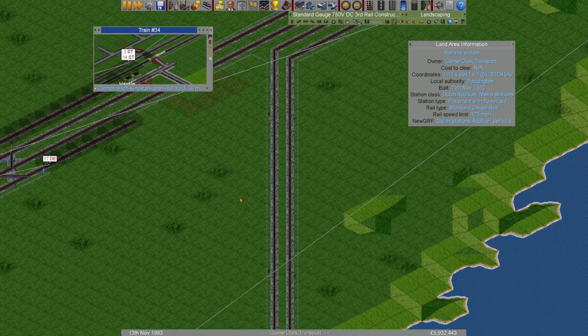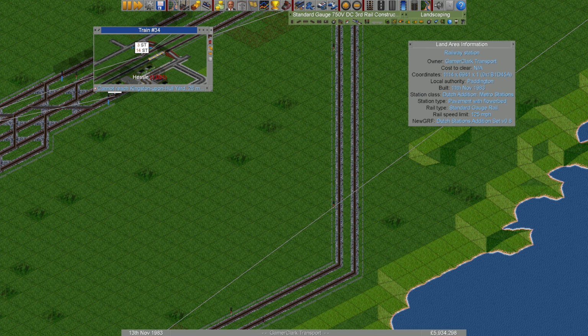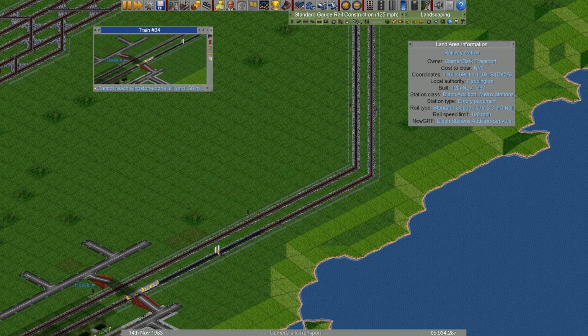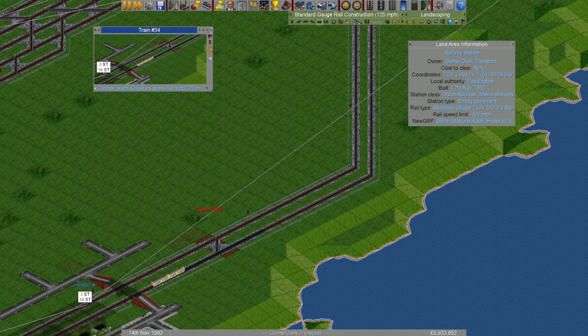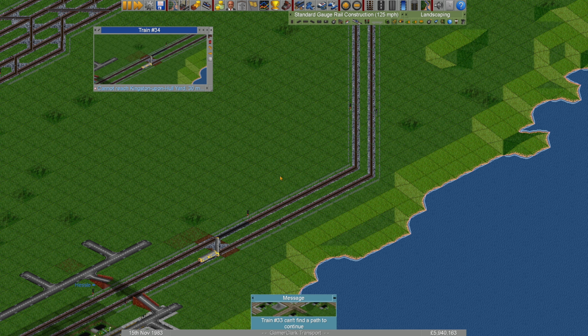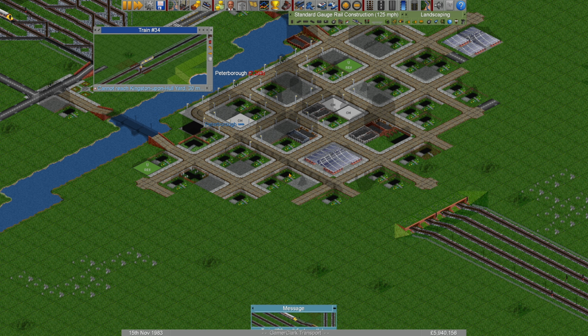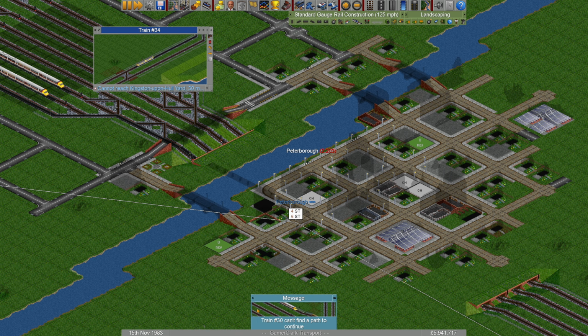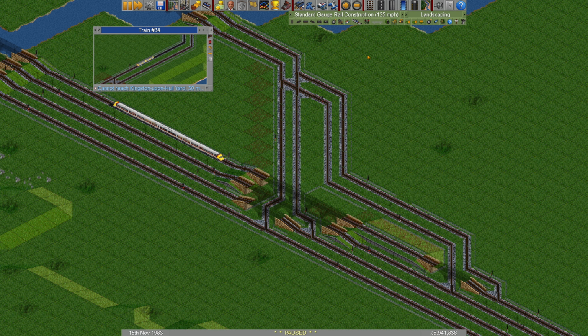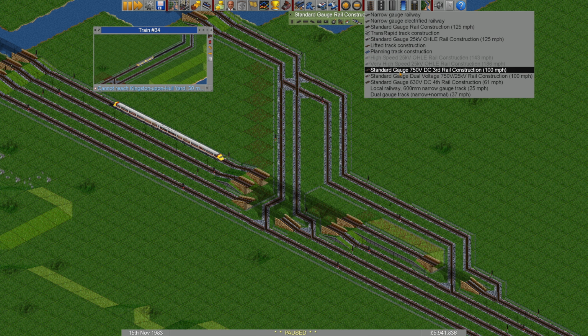Oh, I cannot reach the yard. That's gone wrong. So let's turn him round and put standard. It's going to annoy me. That's gone wrong, especially when it's going at 30 miles an hour. I can't find a path to continue. Okay, that's messed this up as well.